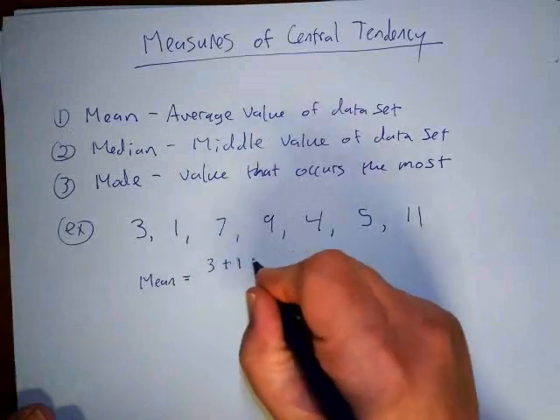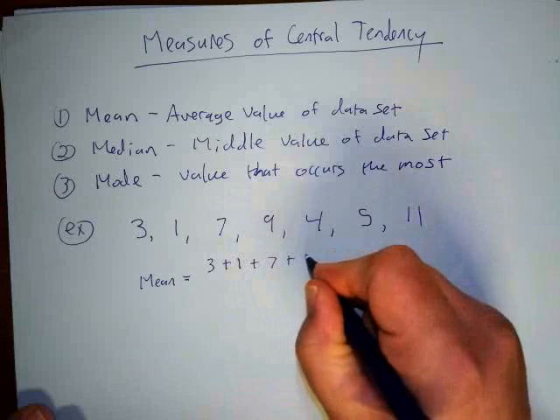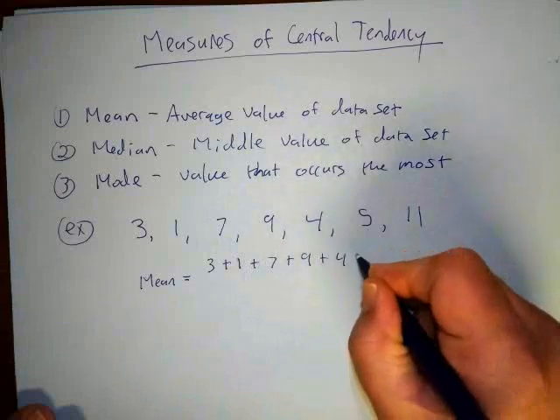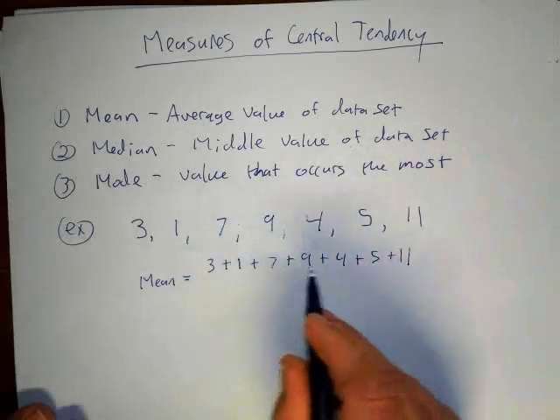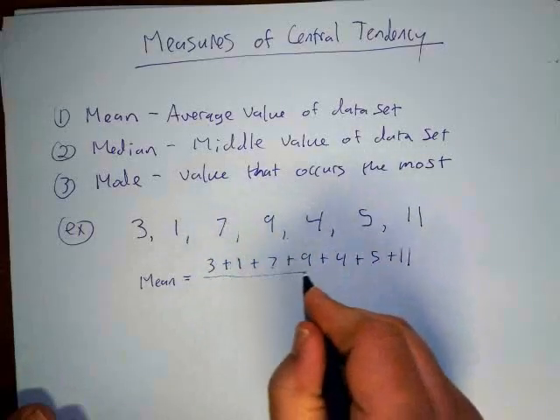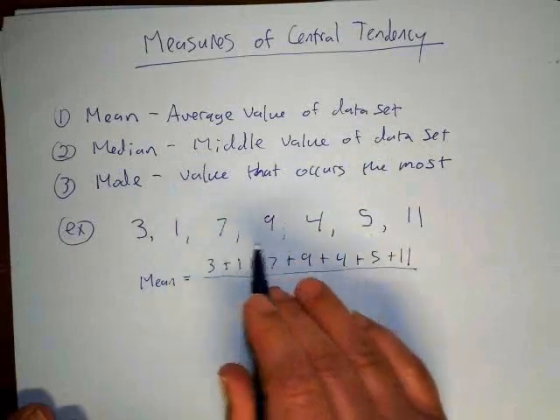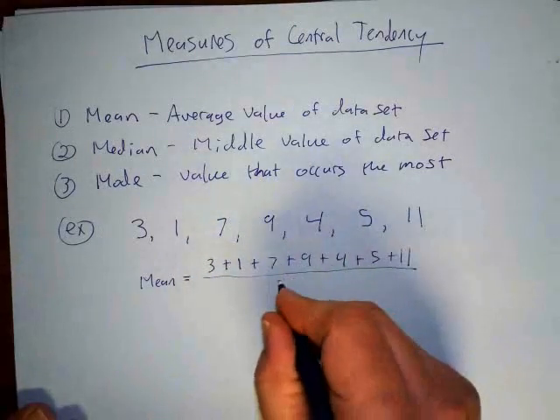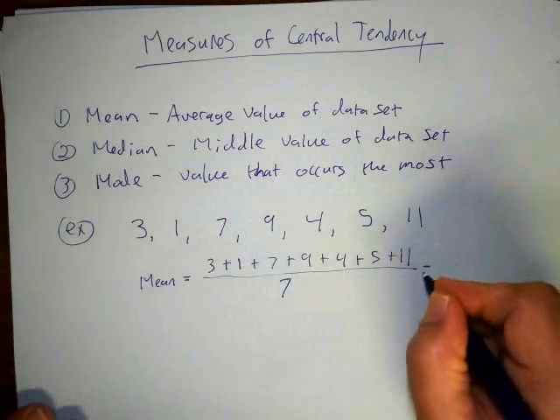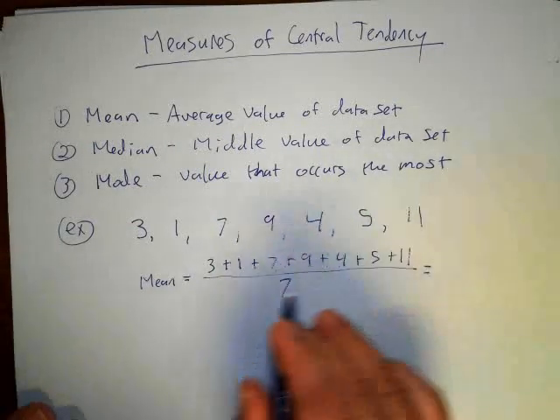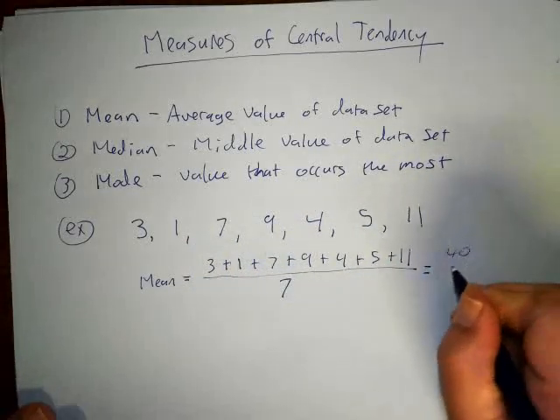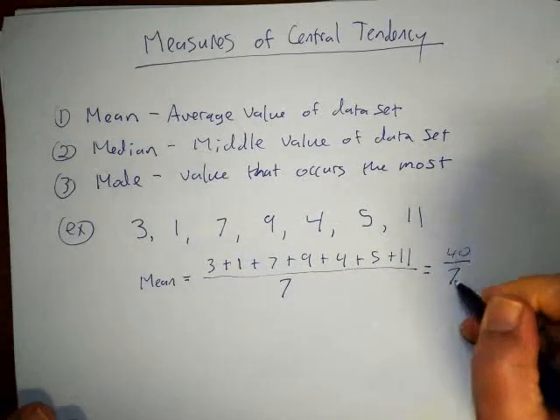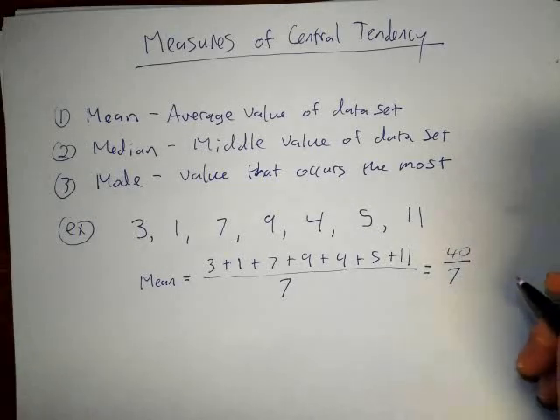So I take 3 plus 1 plus 7 plus 9 plus 4 plus 5 plus 11. I add them all up, and then I divide by the number of values, and in this case there are 7 values. When you add these all up, you get 40 divided by 7. And that's going to give us our mean.